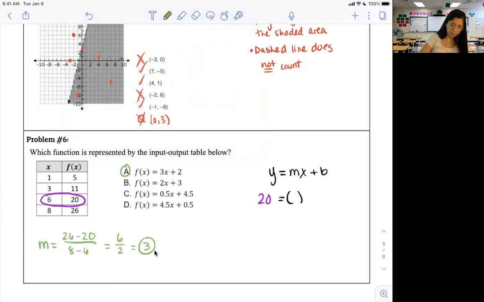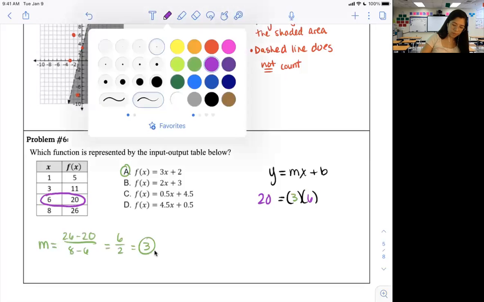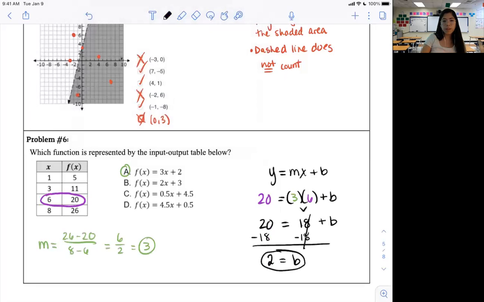So 3 goes in for m, 6 goes in for x, and then all I have left over is b, so I can find the value of b. 3 times 6, 18. And then to solve for b, I just have to subtract 18 on both sides. 20 minus 18 gives me 2. So b equals 2, which matches with answer choice A. So m was 3 and b was 2. Questions on number 6?